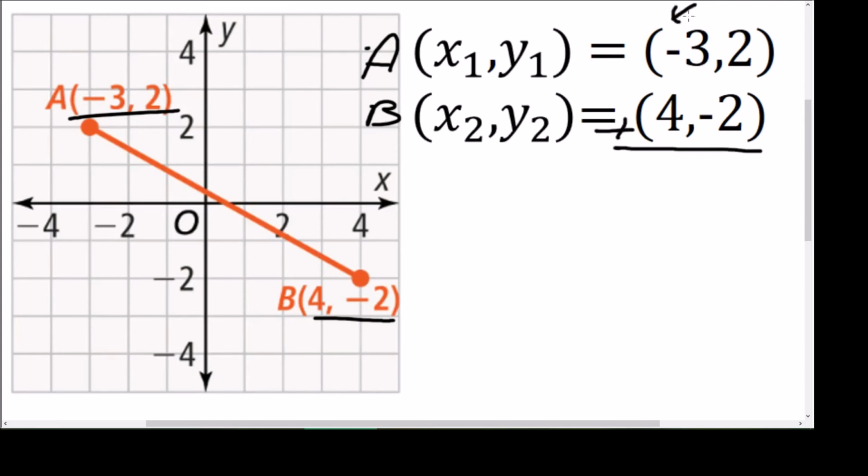So here's my x1, here's my x2, here's my y1, here's my y2. I'm going to have x1 plus x2, comma, y1 plus y2, and I'm going to divide those by 2.